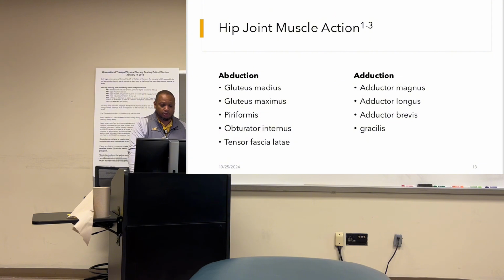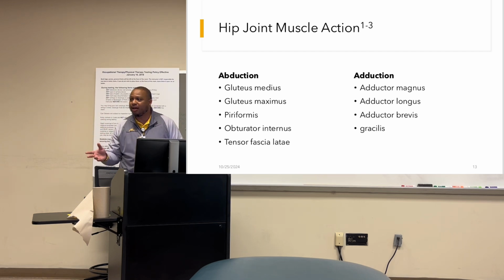Abduction: gluteus medius, gluteus maximus, piriformis, obturator internus, and tensor fasciae latae. But remember I said, make sure that you know the secondary and tertiary movements or actions of these muscles. For example, right here it says gluteus medius abduction, but what else does the gluteus medius do? Internal rotation.